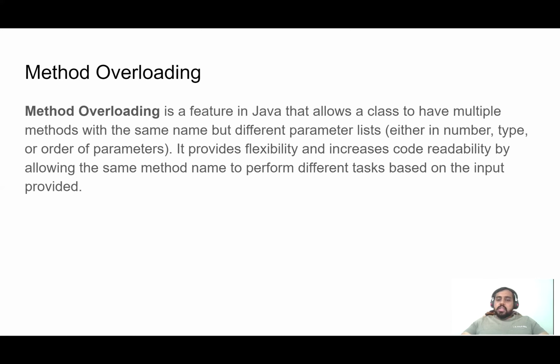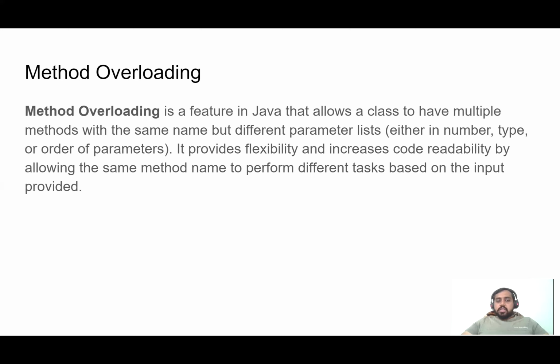For example, both methods need two values, but one needs int first and double next, and another needs double first and int next. You can create methods with the same name as long as they differ in parameters, either in the number of parameters, the type of parameters, or the order of parameters.